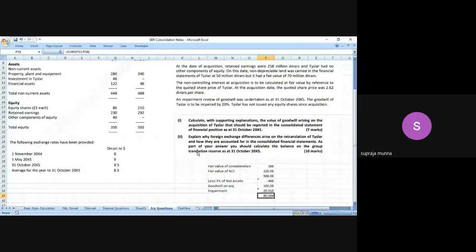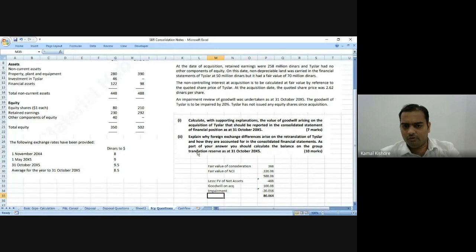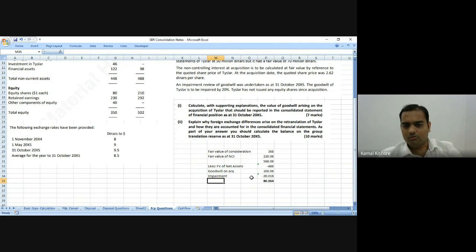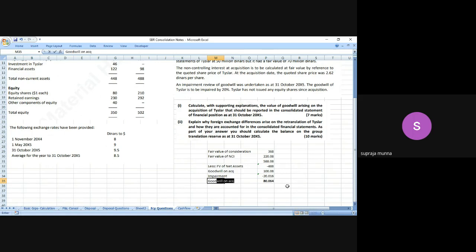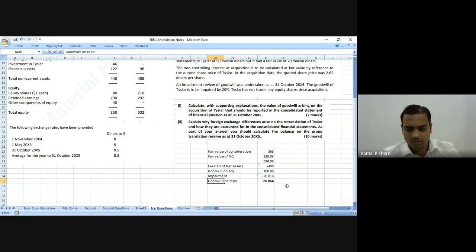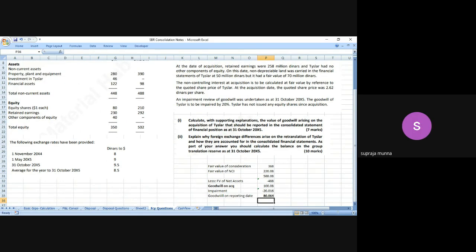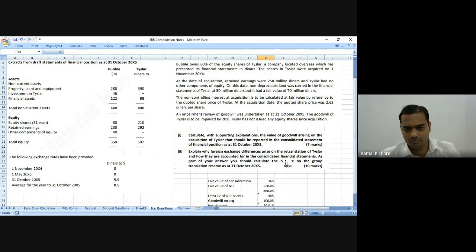So the value of goodwill arising on the acquisition that should be reported in the financial position as of 31st October. Now you have to convert this. Opening goodwill, closing, because it was acquired in this year only, no?